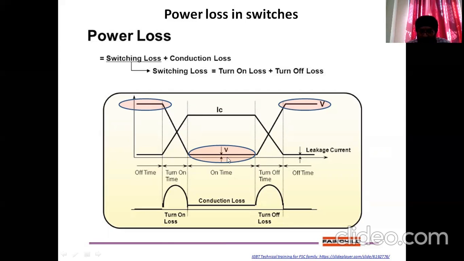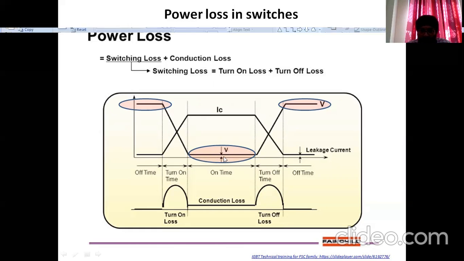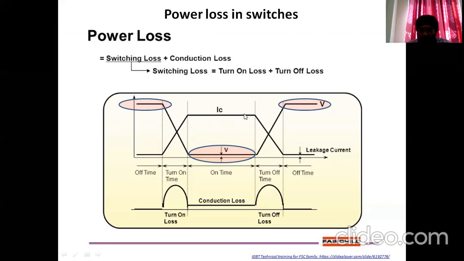In this case, the switch is turning on. We have a very small value of on-state voltage, 1 to 3 volts in power electronic switches, and a maximum amount of current is flowing depending upon the application. So this on-state power loss is conduction loss, which is IC multiplied by V.